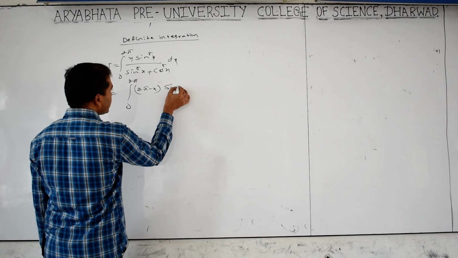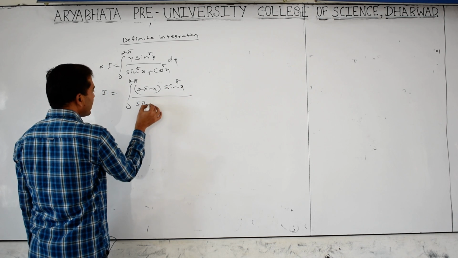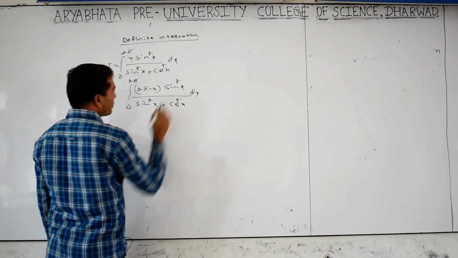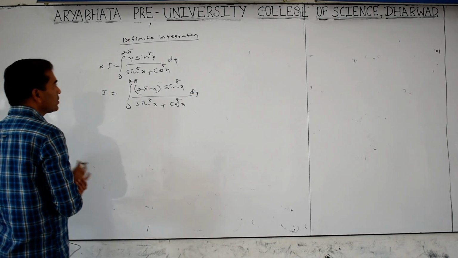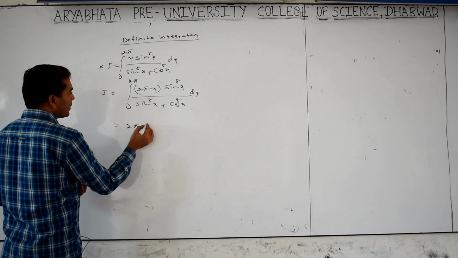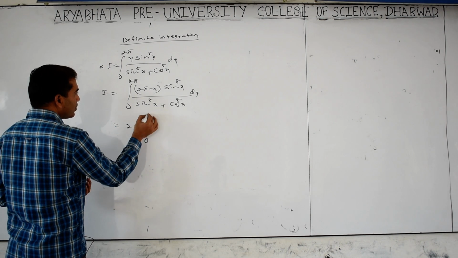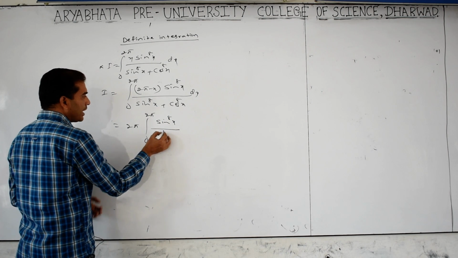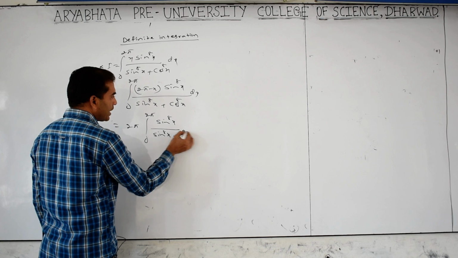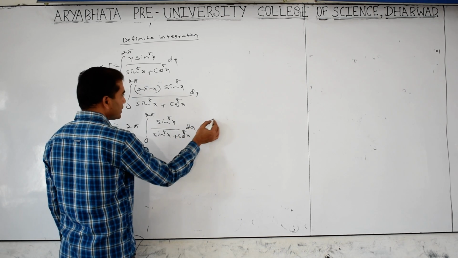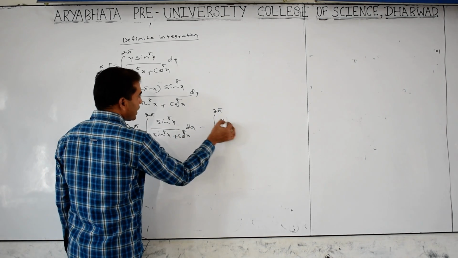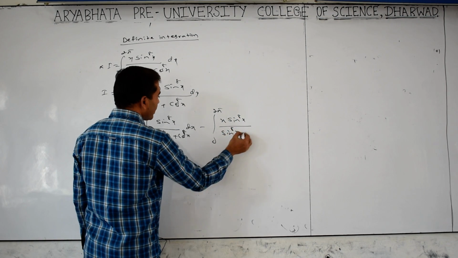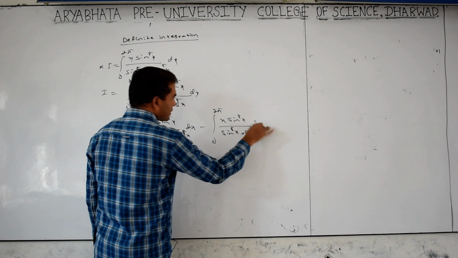Sin of 2 pi minus x is sin x, so sin power 8x, and cos of 2 pi minus x is cos x, because the power is even, so positive. 2 pi integration from 0 to 2 pi of sin power 8x by (sin power 8x plus cos power 8x) dx minus the integration from 0 to 2 pi of x sin power 8x by (sin power 8x plus cos power 8x) dx.